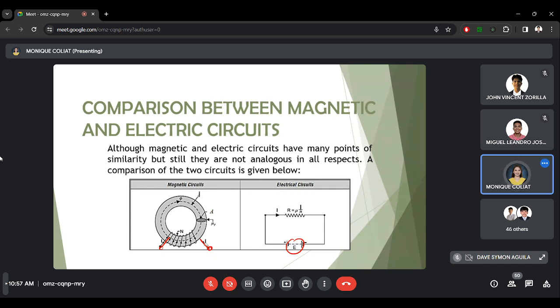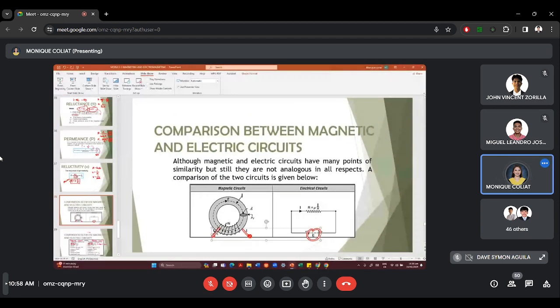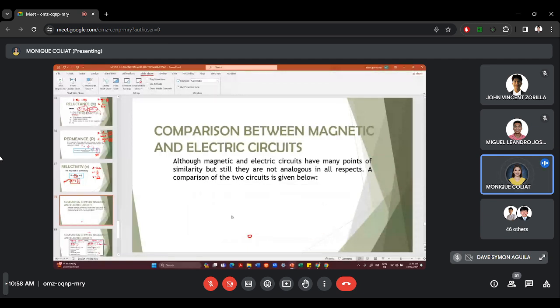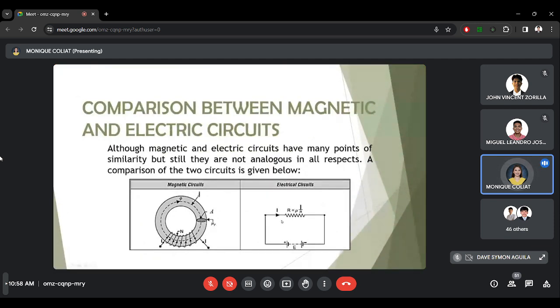Electricity always flows from this path.